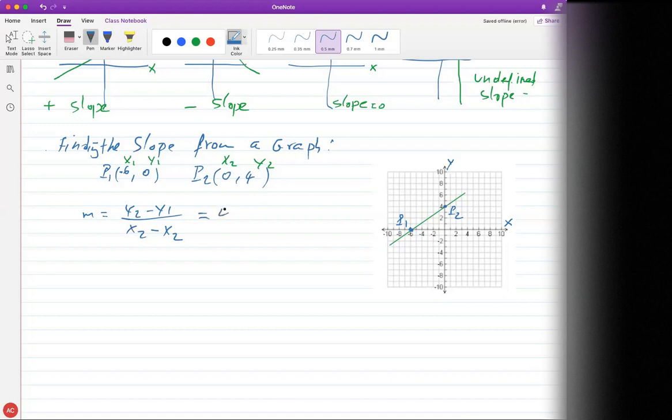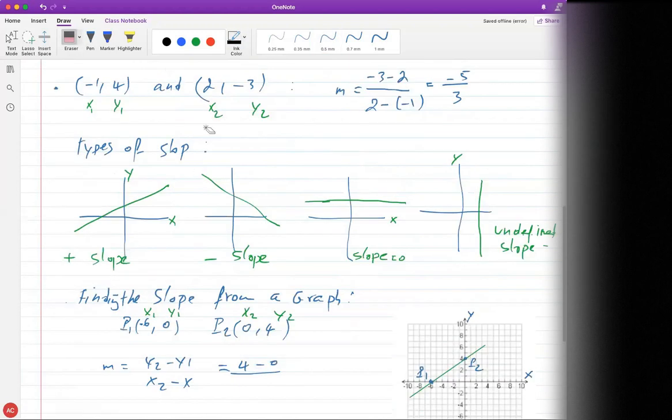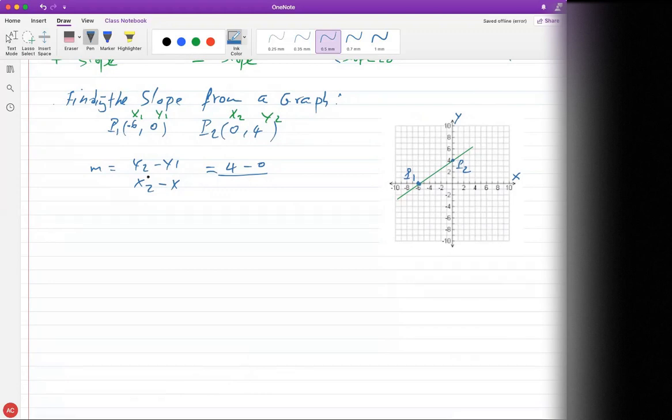So y2 is 4 minus y1, which is 0. Also, the x changes. If you go from point 2 to point 1, or the other way around, the x will also change. The x here is 0, but the x here is -6.